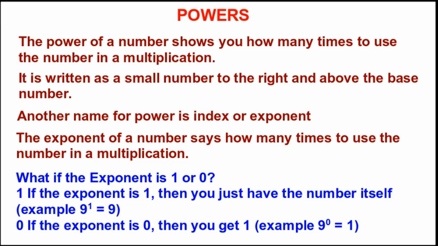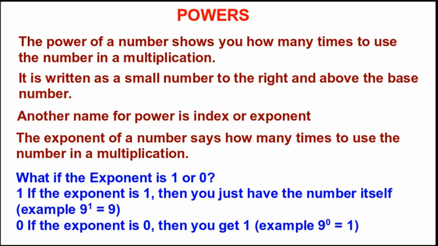Okay, and what about if the exponent is 1 or 0? Here we could have problems, but there is an agreement about that. If the exponent is 1, then you just have the number itself.